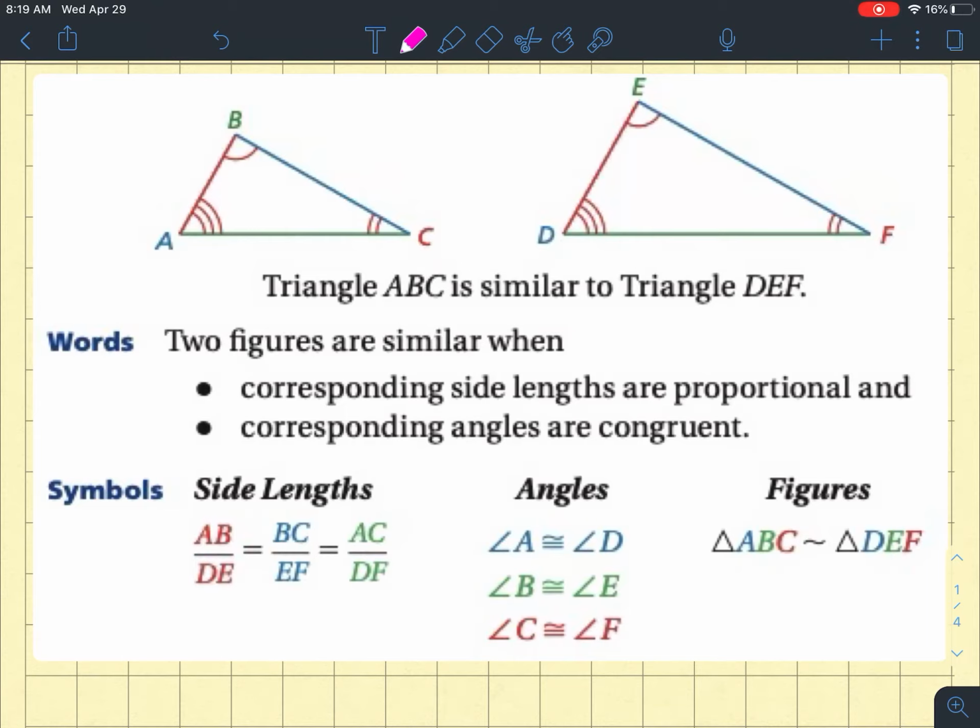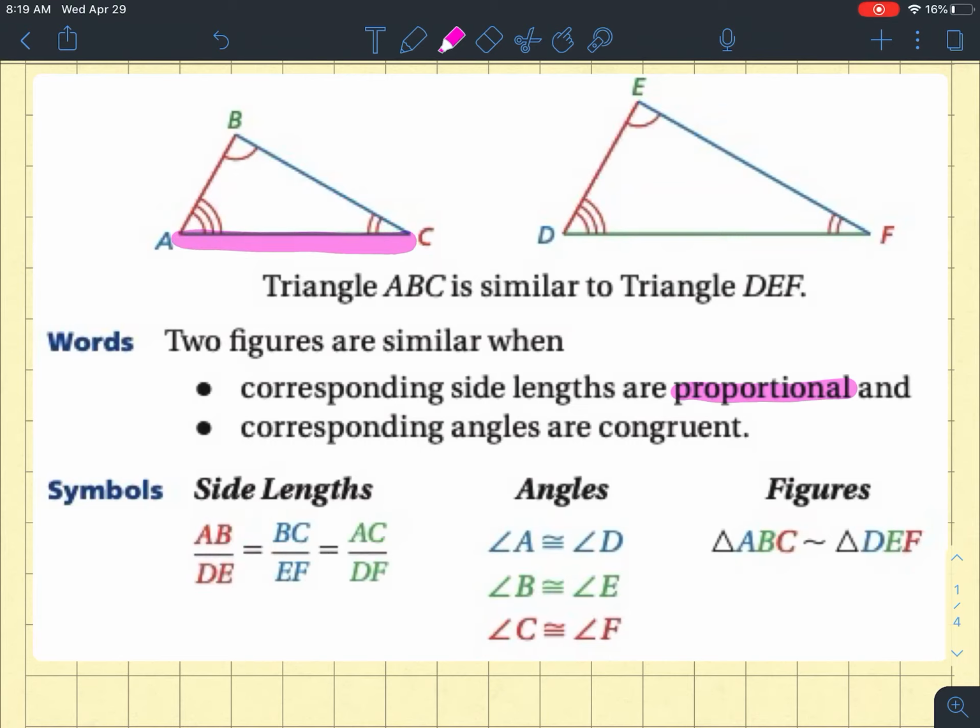That means that those two triangles are similar. So two figures are similar when their corresponding side lengths are what? Are proportional. So the corresponding side lengths are proportional. So AB and DE are proportional to one another. Okay, BC and EF are proportional to one another.